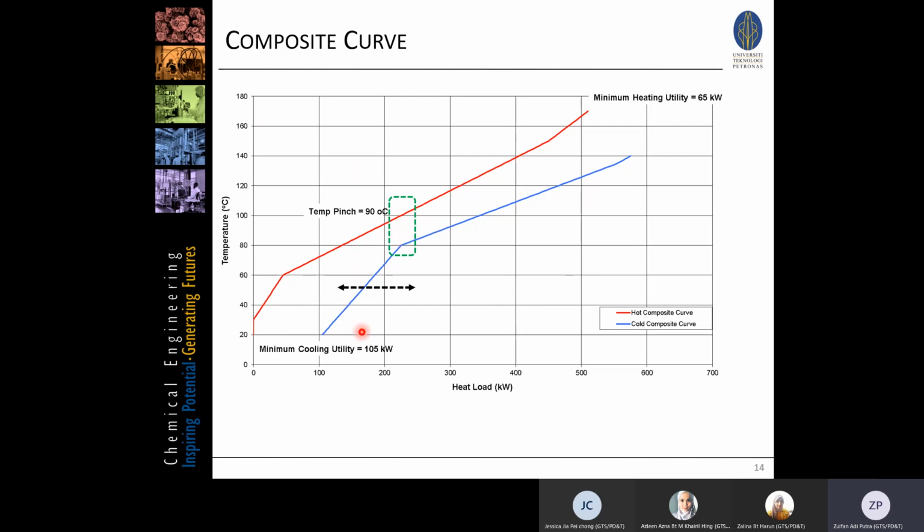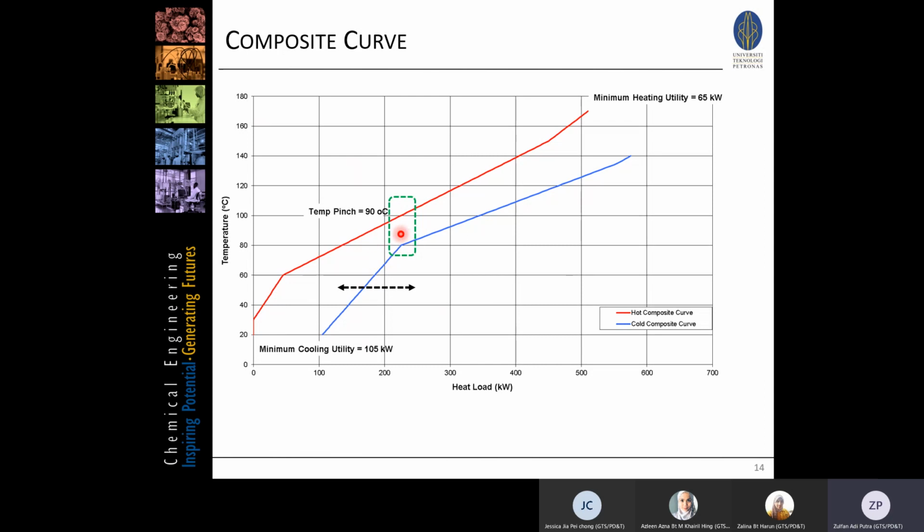If we look at it from the temperature perspective, this temperature is 20 degrees C and that temperature is about 70 something. So 70 something minus 20 is about 50 something. This one as well, 80 minus like 40, is about 40.